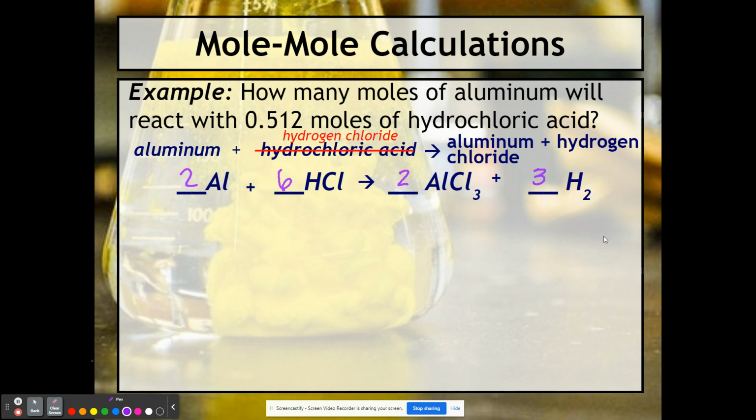And now I'm going to go ahead with my problem. For my known, I have 0.512 moles of HCl. For my unknown, I have how many moles of aluminum. Start with my known and put it over 1.